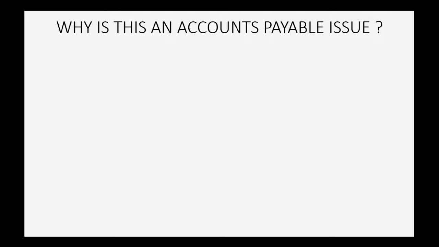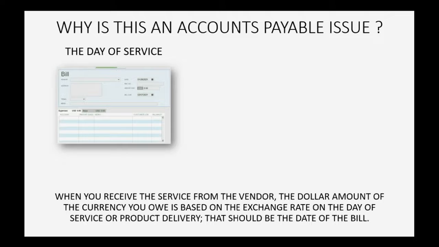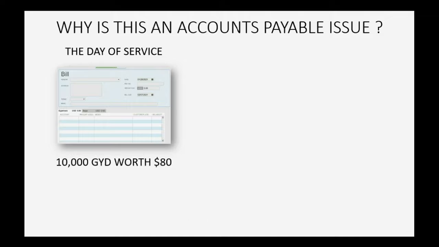So why is this an accounts payable issue? Well, that's because on the day you receive the service from the vendor, the dollar amount of the currency you owe is based on the exchange rate on the day of service or product delivery, and that should be the date of the bill. So let's imagine that you got a bill for 10,000 Guyana dollars, and on that day, that bill and those 10,000 were worth 80 US dollars.